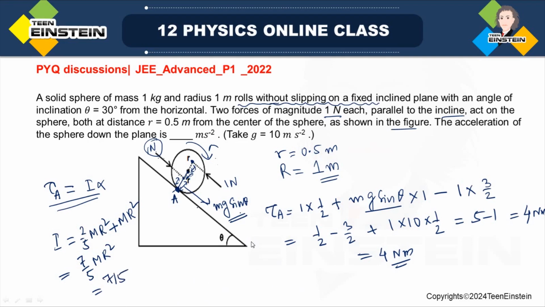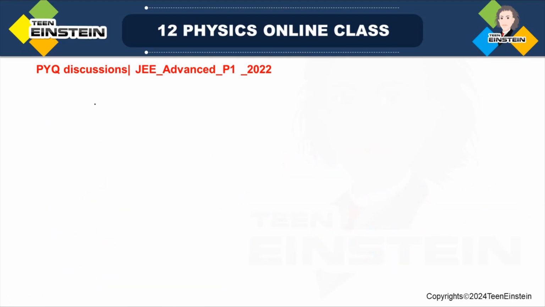So now look, I have got 7 by 5 alpha is equal to the total torque that I have got, which is 4. So alpha will be 20 by 7.